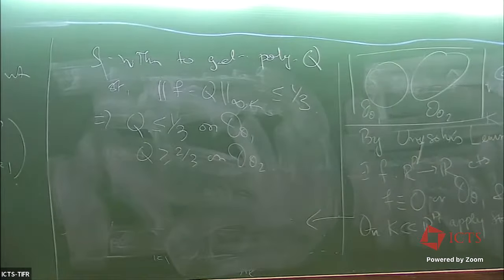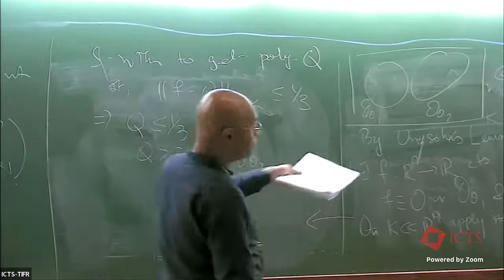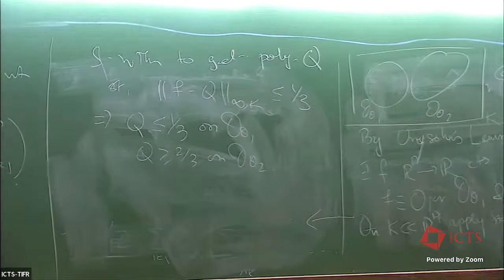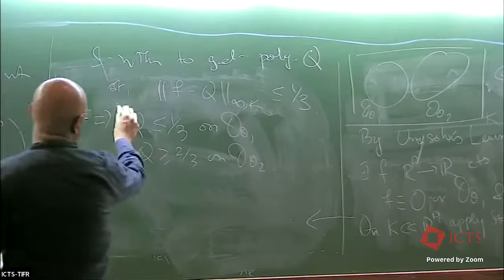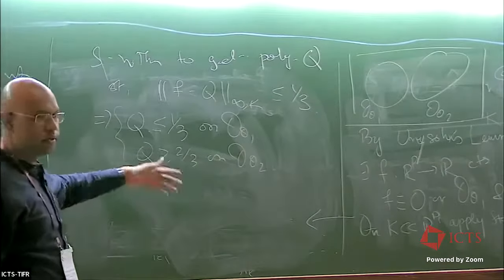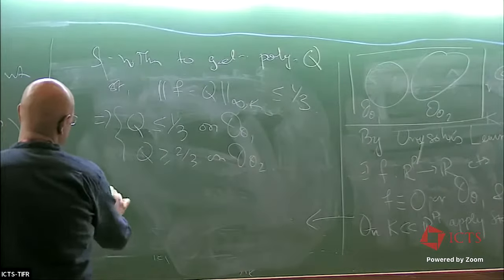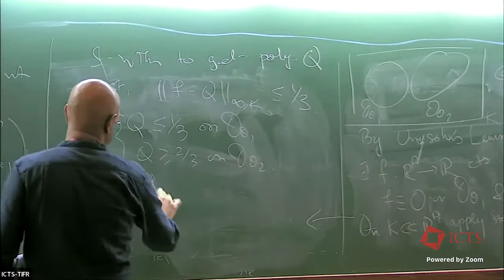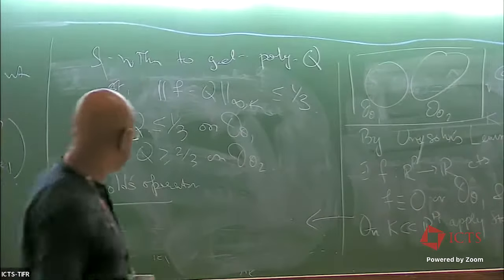And we are almost there except for the G. We need a polynomial that is invariant under the action of G which separates these two orbits, right? Because invariant polynomials are the ones which we are able to handle well and which we like in this setting. To this end, to go from some polynomial Q to an invariant polynomial that separates the two orbits, we use the so-called Reynolds operator, which we also briefly introduced in the previous lecture.